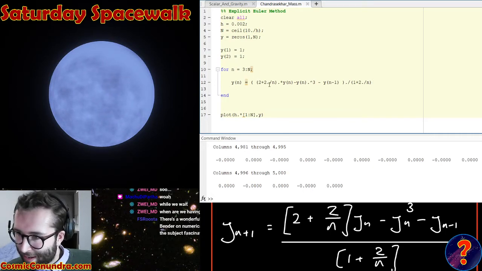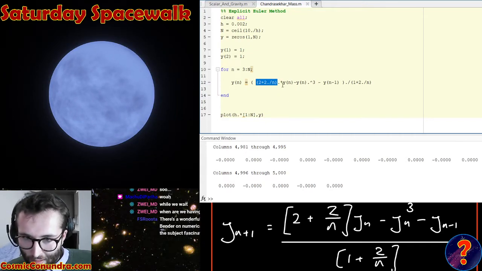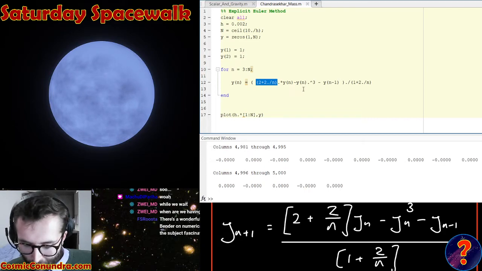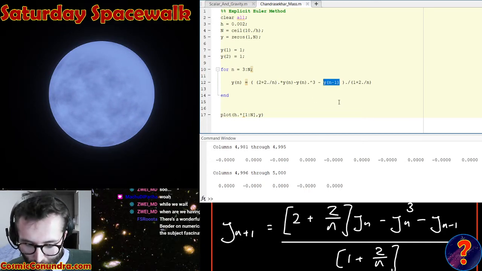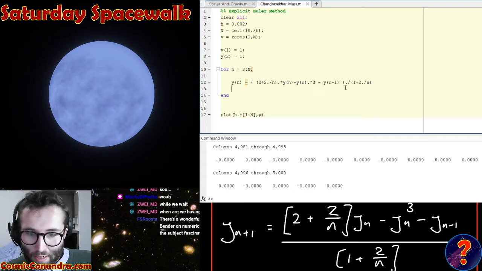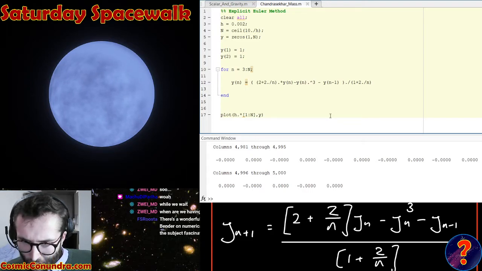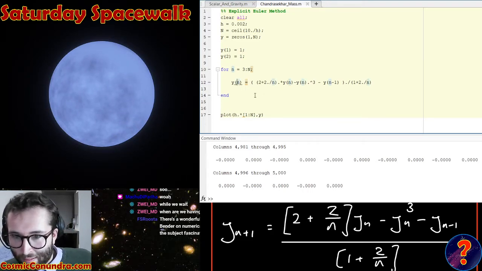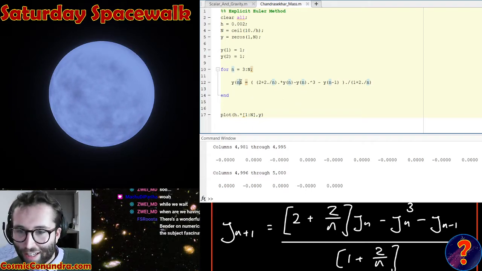So I'm now comparing it with the expression 2 plus 2 over n, all times yn. That's fine. Minus yn cubed, that's fine. Minus yn minus 1, that's fine. And that whole thing is in the numerator over... Aha, I know what we've done. Okay, so I've said yn is equal to this.